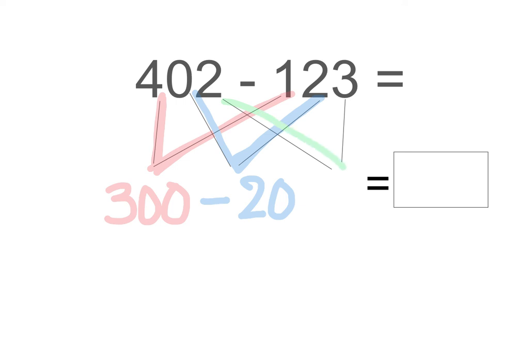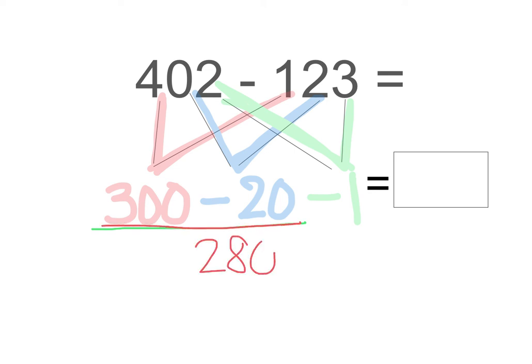And 2 subtract 3 is minus 1. Put your parts together using your partners. 300 minus 20 equals 280 because 80 and 20 are partners. Minus 1 is 279.